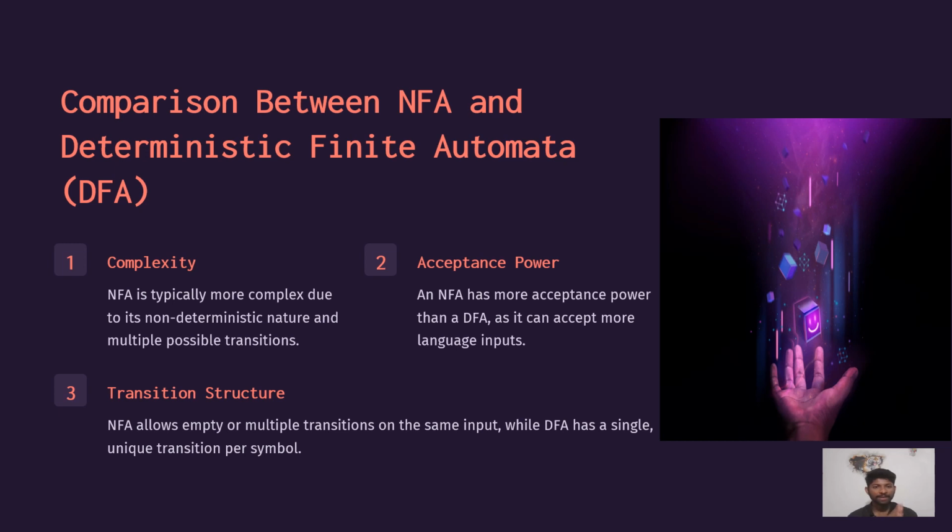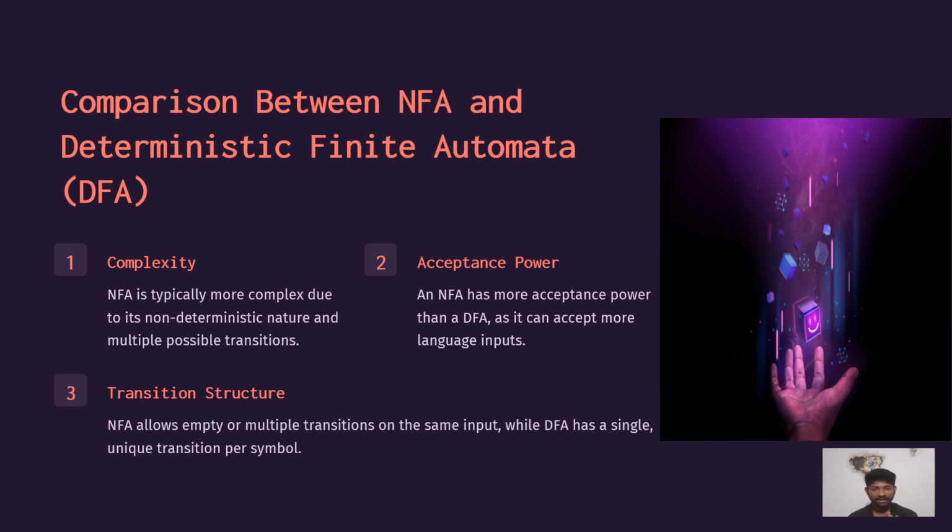So now, the comparison between NFA and DFA. DFA is deterministic finite automata. The differences between both are complexity, acceptance power, and transition structure. First, the complexity. The NFA is typically more complex due to its non-deterministic nature and multiple possible transitions.